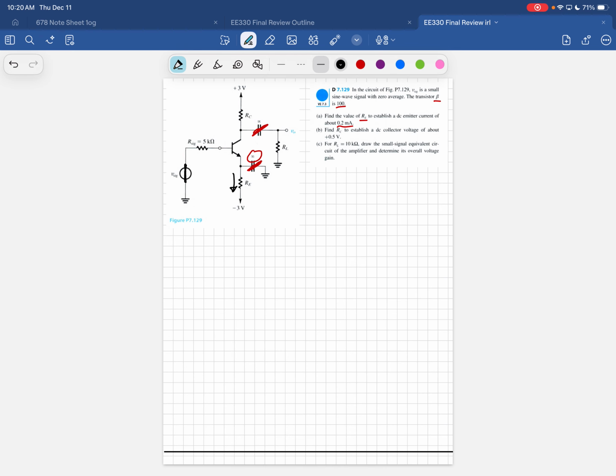So I'm just going to draw a line straight through it to represent that it's a short circuit. And now we basically have everything that we need to do our DC analysis. Really simple. If you look at it like this, you kind of just ignore everything happening up here and you do a loop.